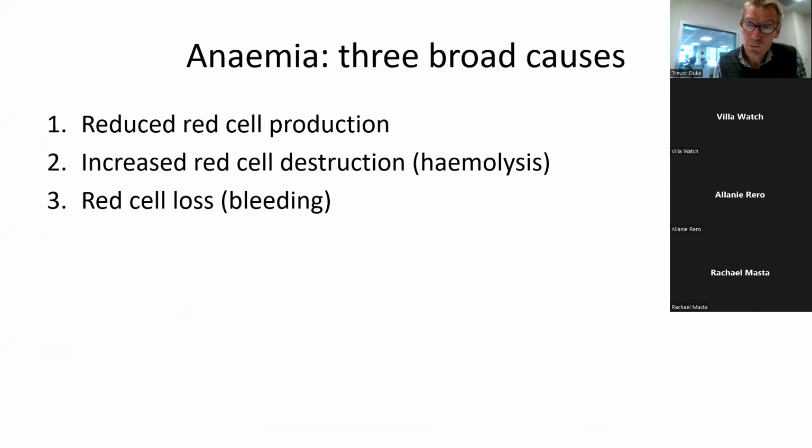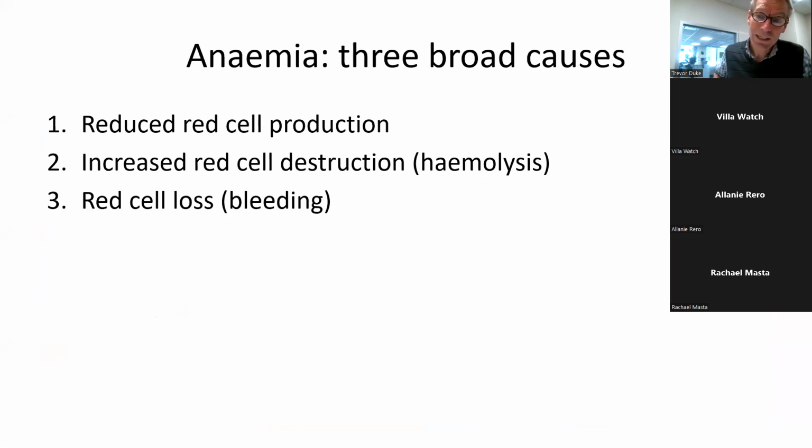So I want to just give a very simple way of understanding the different types of anemias. And I think often we just consider anemia to be a disease, where it's not really a disease. It's just a condition for which there's many diseases, as you know.